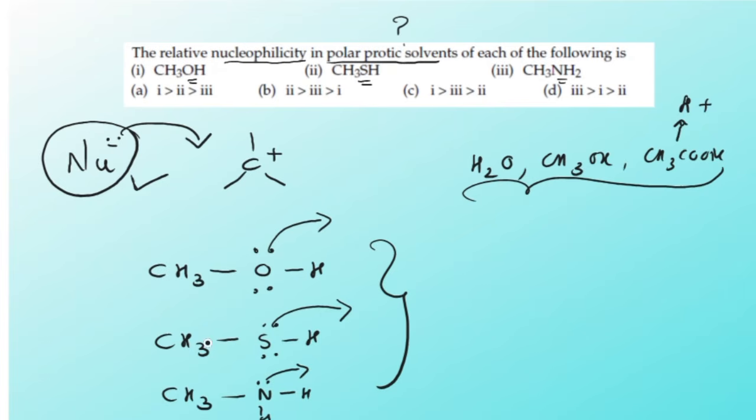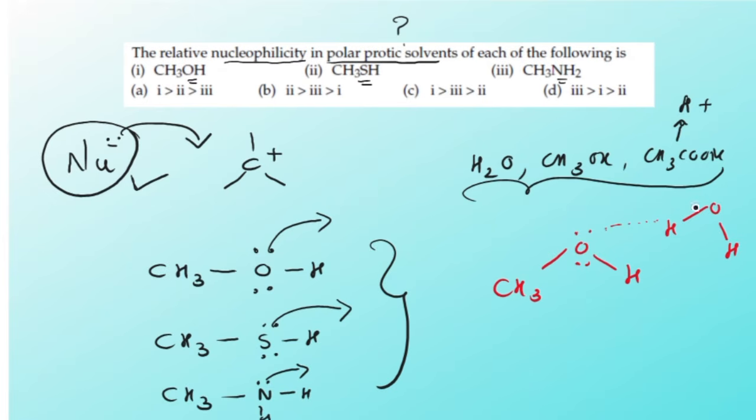Will they affect the nucleophilicity of the compounds? Yes, that is what we are discussing here. Whenever there are nucleophiles like this, in the case of methanol, oxygen is the nucleophilic center. The lone pair of electrons of this oxygen will interact with the hydrogen of the solvent. And what do you call this?